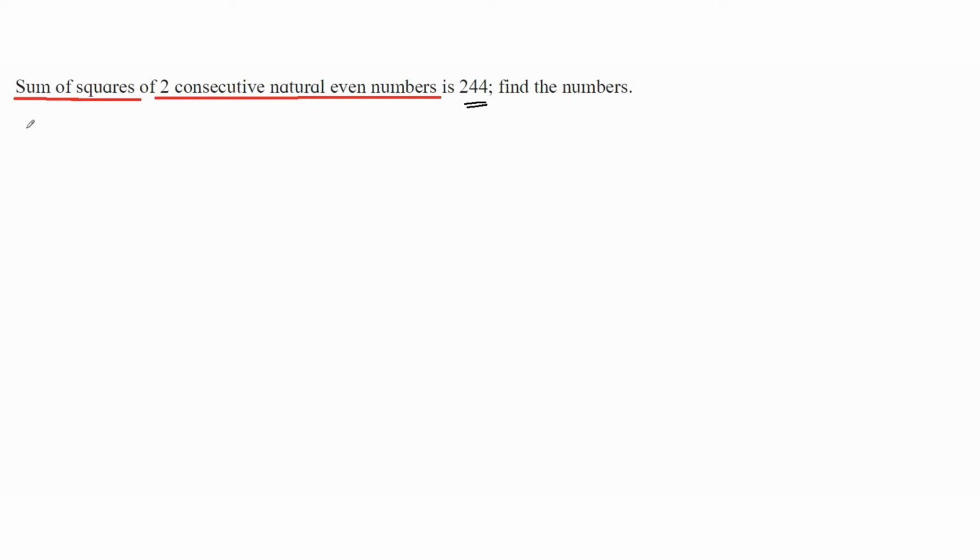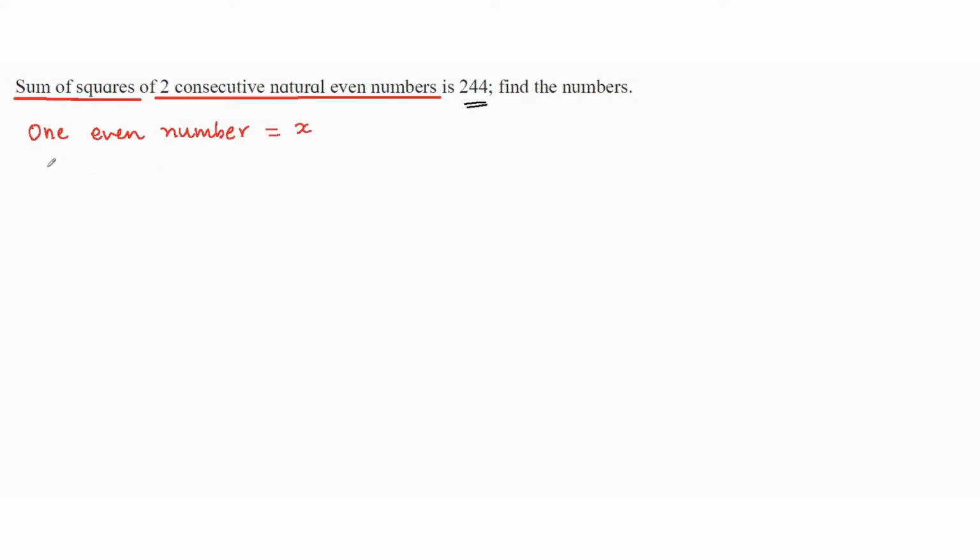So if I pick one even number as x, so let one even number be equal to x, then its consecutive even number can be taken as x plus 2 or x minus 2, because two consecutive even numbers are always separated by a difference of 2.